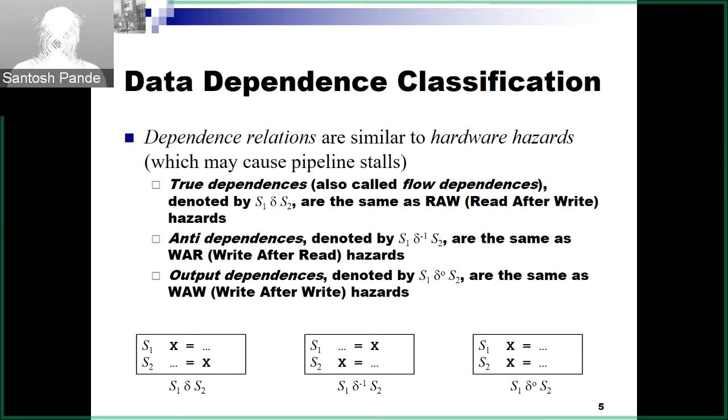Now the third type of dependence, which is very similar because of two writes going to the same memory location, is a write of X in S1 and a write of X in S2. This is called output dependence, or write after write dependence. Again, we cannot change the order of these writes, because between these writes there could be some uses of X, and they would get disturbed.